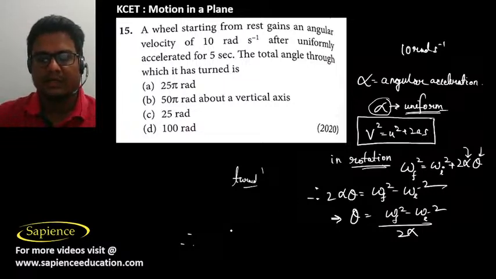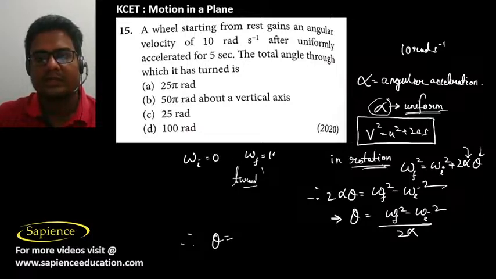The wheel starts from rest, so initial angular velocity is 0, and omega final is 10 radian per second. So theta will be equal to 10 square minus 0 square by 2 alpha.